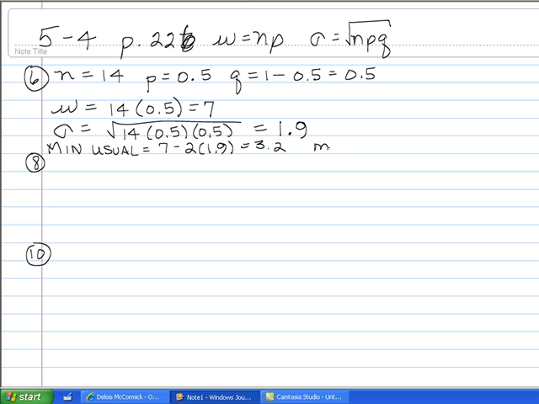And our maximum usual value is going to be 7 plus, and again there's a misprint in my book at least, 7 plus 2 times sigma, so it would be 7 plus 2 times 1.9, which is 10.8.